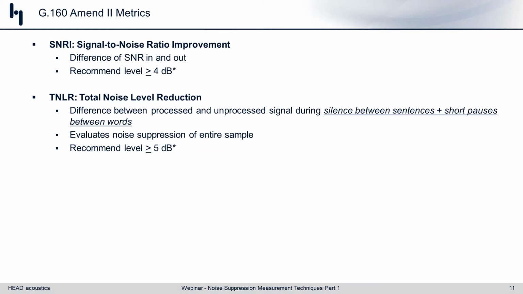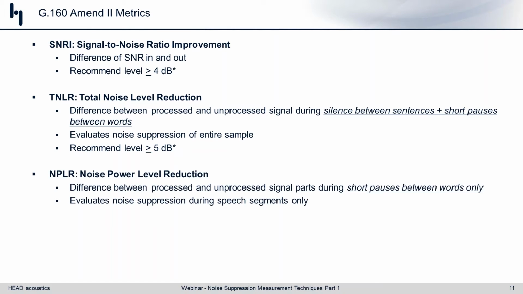So this gets a little bit more sophisticated. We also have another metric called the NPLR, which is the noise power level reduction. This is something that looks at the short pauses in between words only. So it looks for the active speech portion in our stimulus file, zeroes in on that active speech and says, hey, where do I have the slight pauses or the slight silences within this total active speech block?